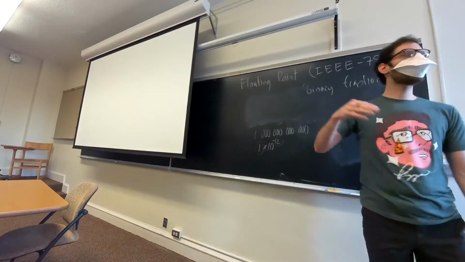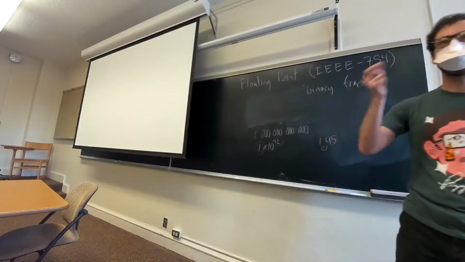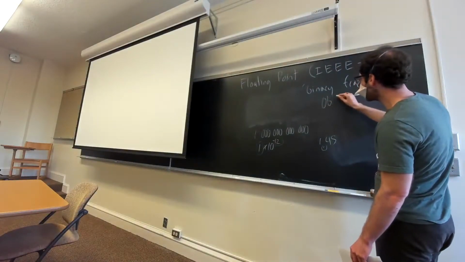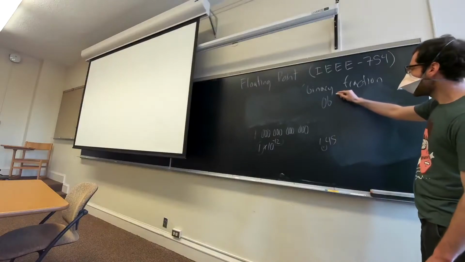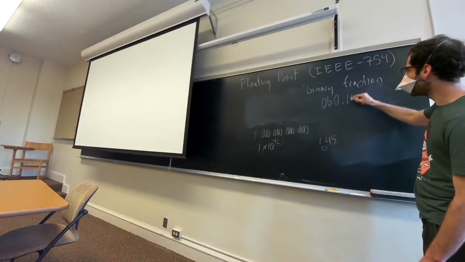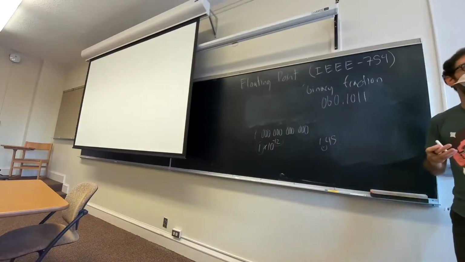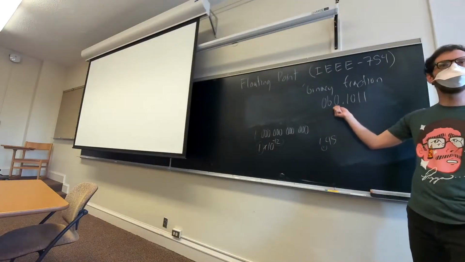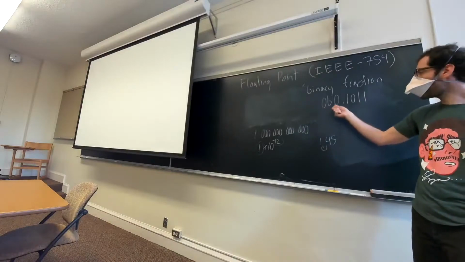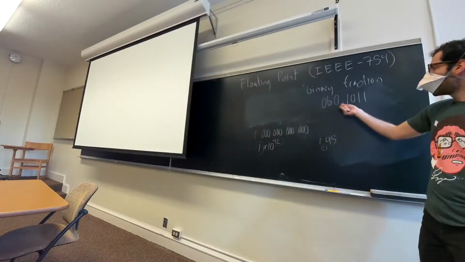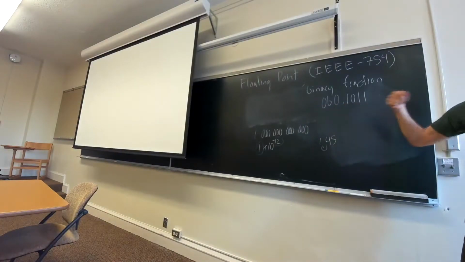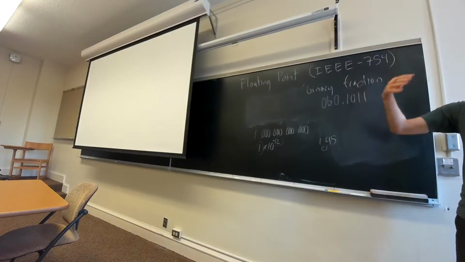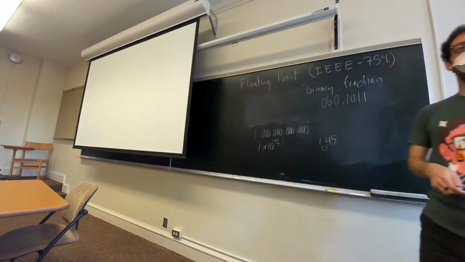So in a binary fraction, we have the binary point, and we have 0b to indicate that it's a binary number, and then maybe 0.1011. Just like the places to the left of the point are powers of 2, the places to the right of the point are powers of 2, just this time negative powers, because they're increasingly smaller fractions.